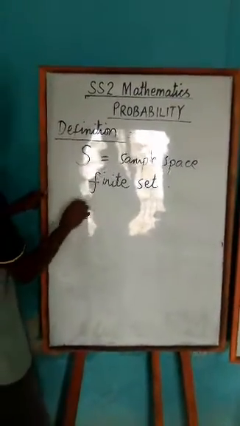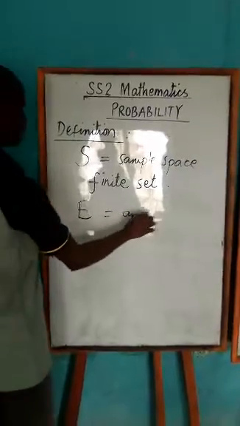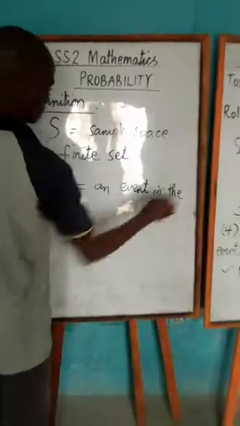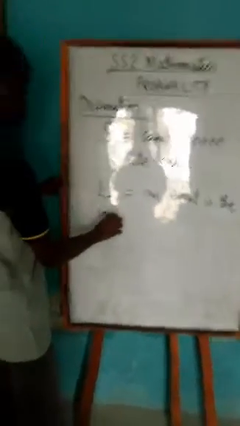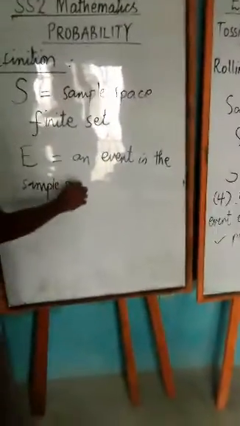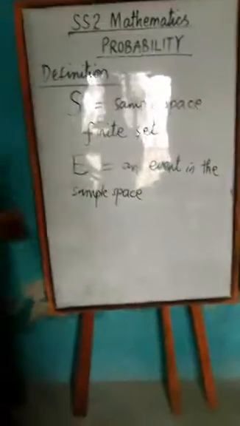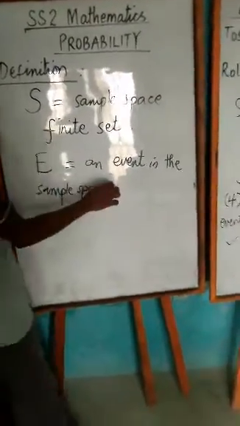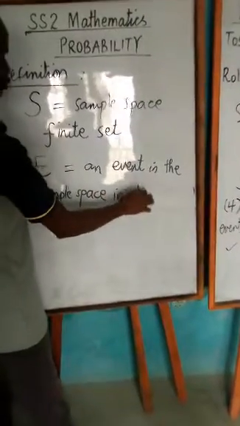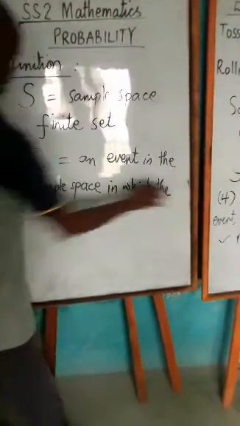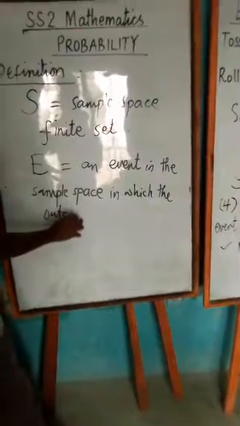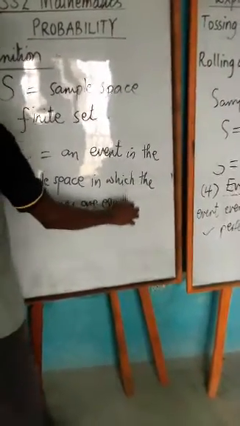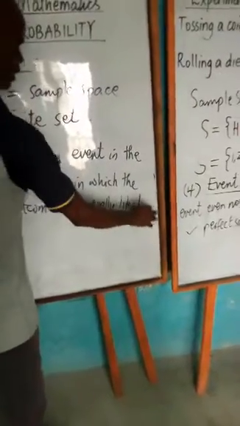So let E represent an event in the sample space in which the outcomes are equally likely.